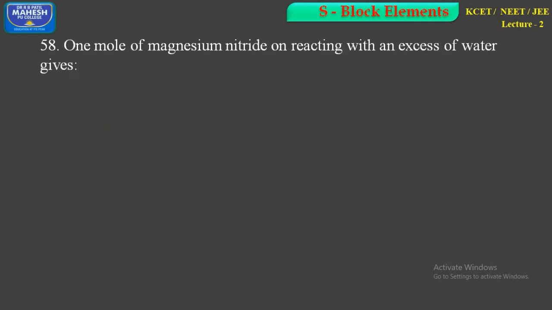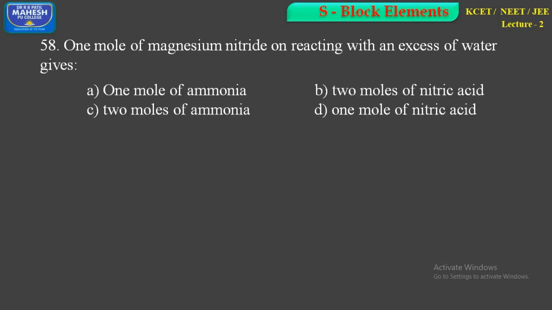Question 58. 1 mole of magnesium nitride on reacting with an excess of water gives option A, 1 mole of ammonia. Option B, 2 moles of nitric acid. Option C, 2 moles of ammonia. And option D, 1 mole of nitric acid.